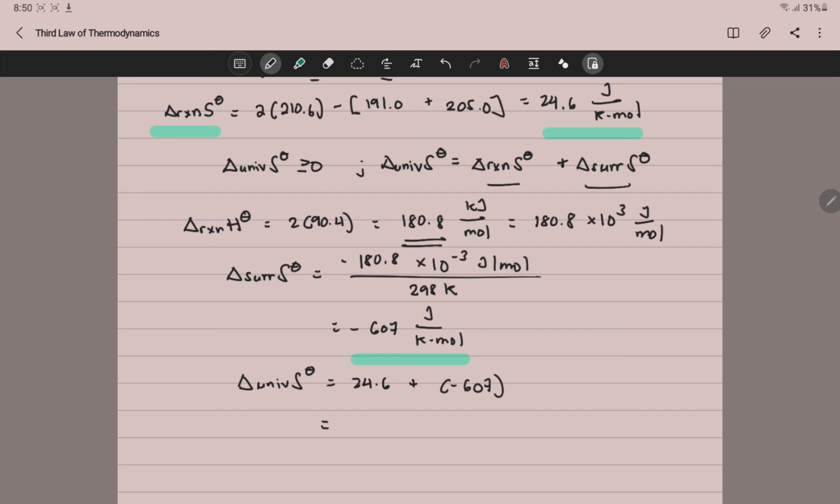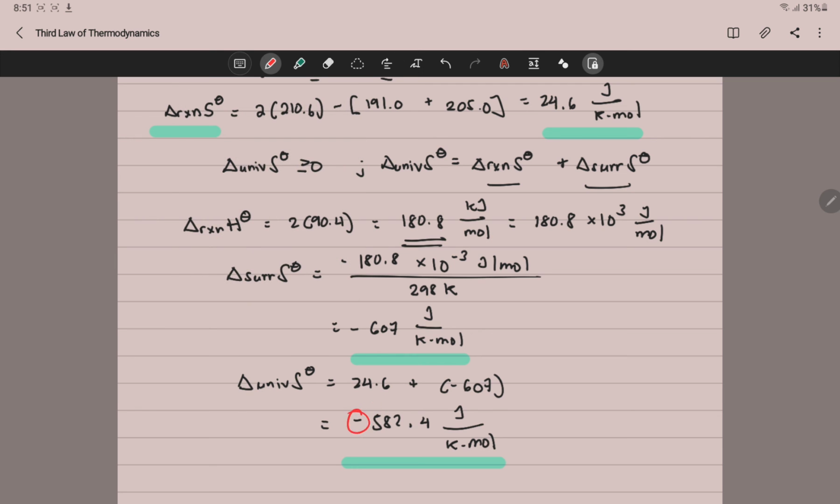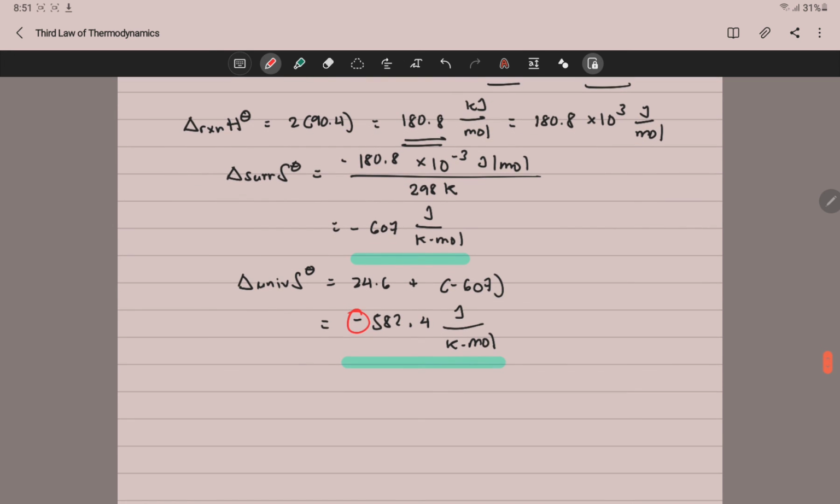So, taking the sum, you'll get negative 582.4 joules per Kelvin mole. And take note na ang nakuha nating sagot ay negative. Ang ibig sabihin lang yan, ang process na yan ay hindi spontaneous.